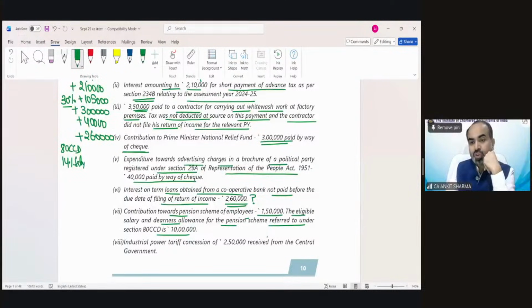So the contribution was 1,50,000 and the salary is 10 lakhs, so 14% would be 1,40,000. But you have claimed 1,50,000 deduction, so the excess 10,000 is going to be added back. Well done, Khushi. Very well done.